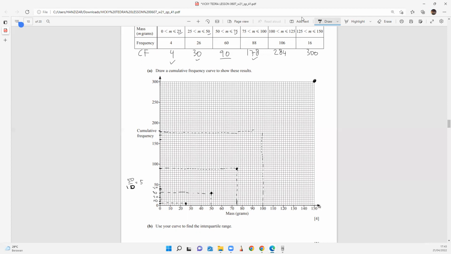Okay. And then from 100 to 125, it has to be 284. 284 is 60, 70, 80, 90, almost right in the middle. Let's say it's in between, below 285, a bit lower, and then until reaching 125.